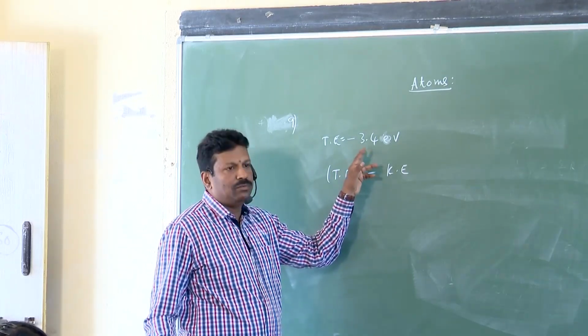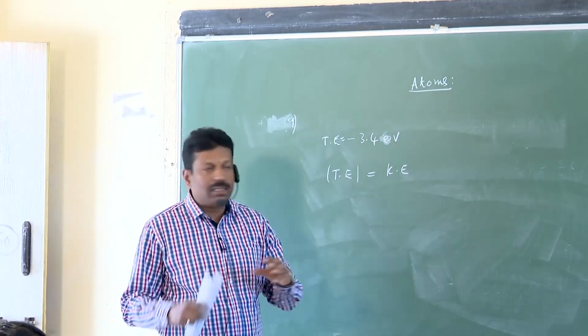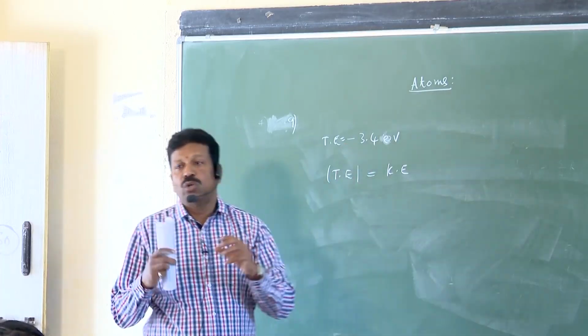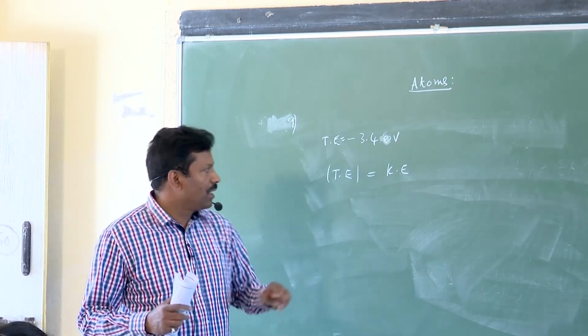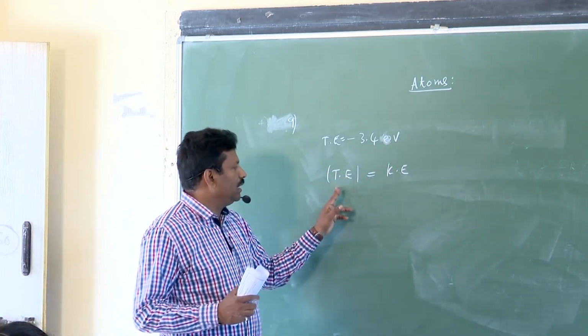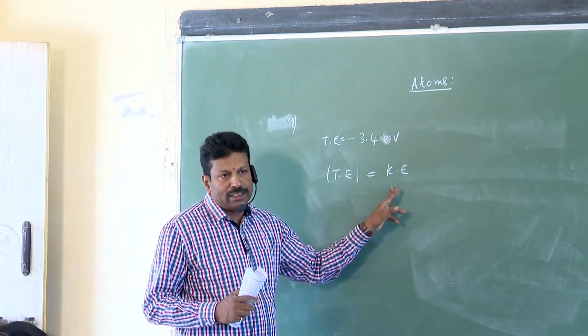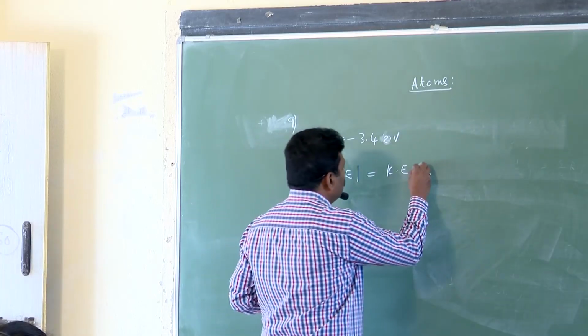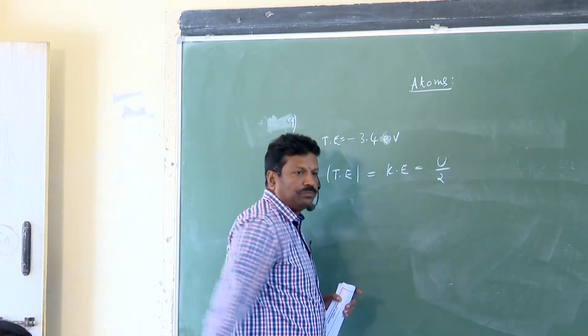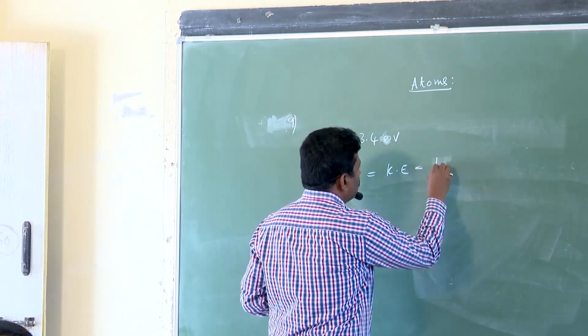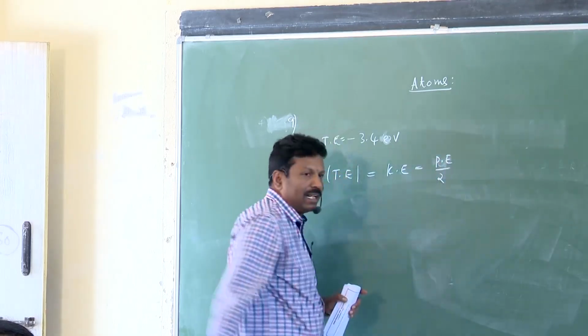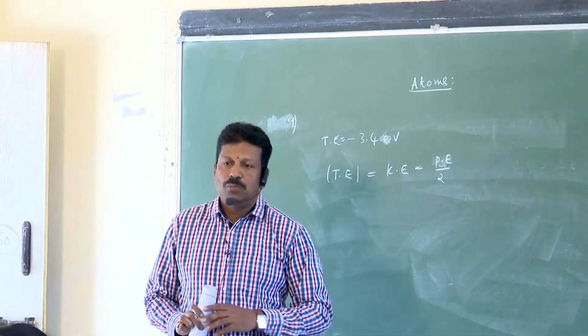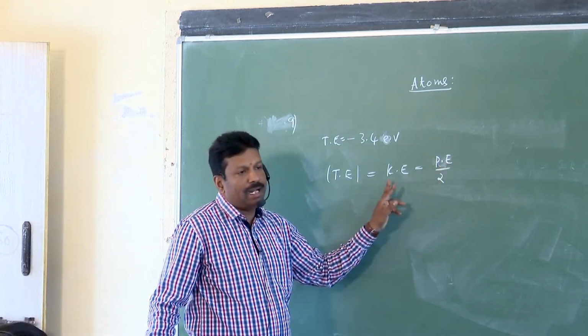The total energy is negative, it's bound to the nucleus. Negative means it is bound to the nucleus. Force is attractive, so negative energy. So the magnitude of total energy is equal to kinetic energy, which is equal to potential energy by 2. Right? Because potential energy is equal to twice kinetic energy. Understood? Potential energy is equal to twice kinetic energy.